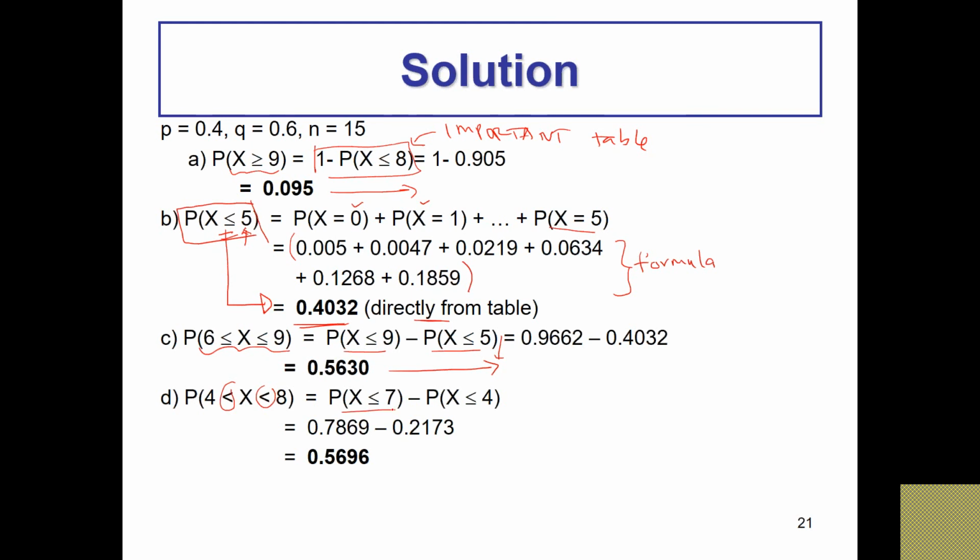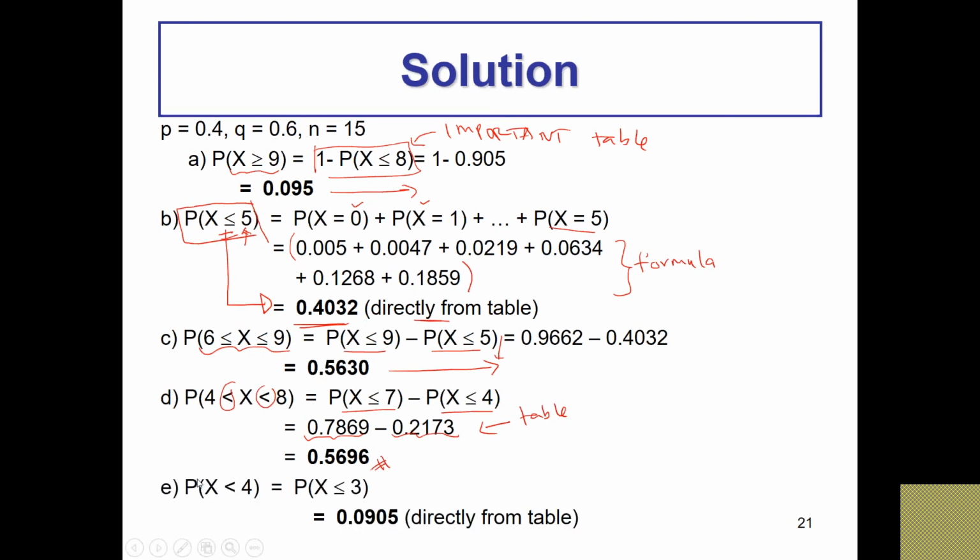So you should start from X less than or equal to 7, and X less than or equal to 4. Again, these values you can find straight away from the table. Read from the table 1 by 1, then subtract to get the final value. And lastly, this is very direct: less than 10 is equal to or less than 3, again directly from the table.